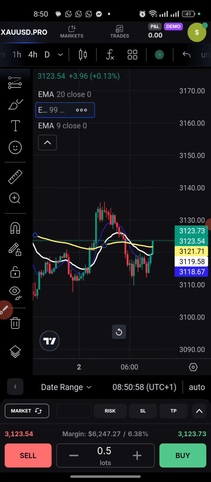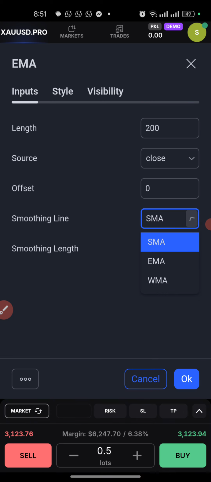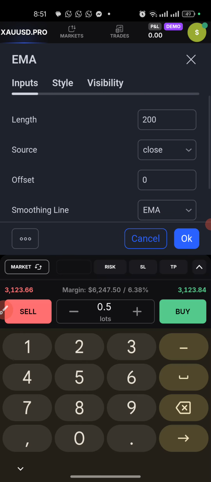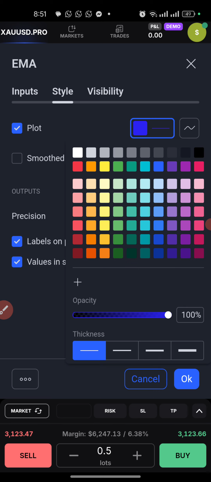So you see now I have the white and the yellow already set. What I want to do now is set my 200 EMA. Same process. Come to inputs, 200. Smoothing line we change to EMA. Smoothing length I change to 5. And then for the style, I'm going to use purple.